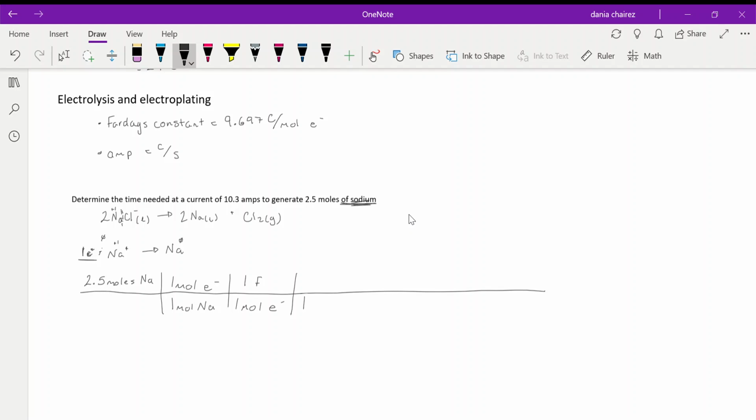So then 1 Faraday is equal to 9.647 coulombs. So then coulombs, and then for every 1 coulomb.